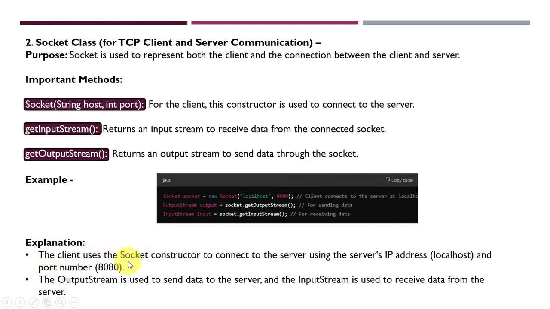Explanation: the client uses the Socket constructor to connect to the server using the server IP address, that is localhost used in the example, and port number, that is 8080. The output stream is used to send data to the server, and the input stream is used to receive the data from the server.